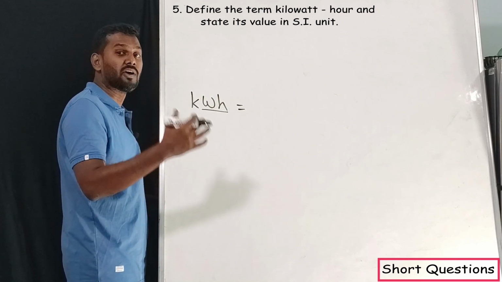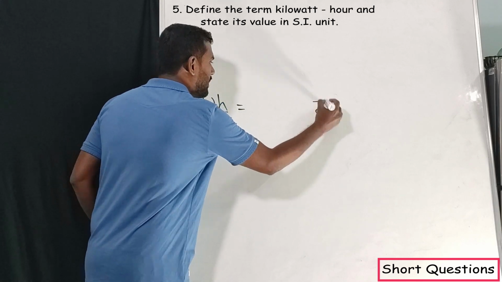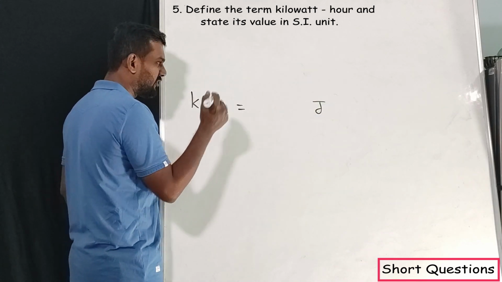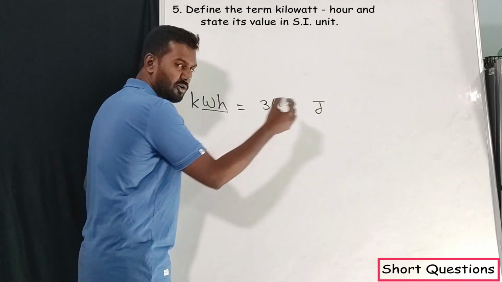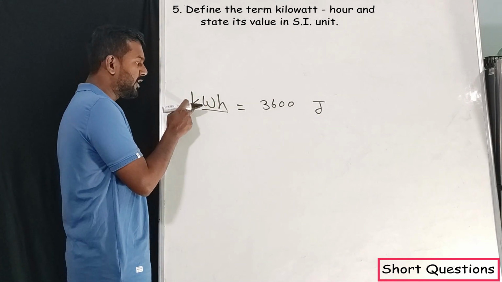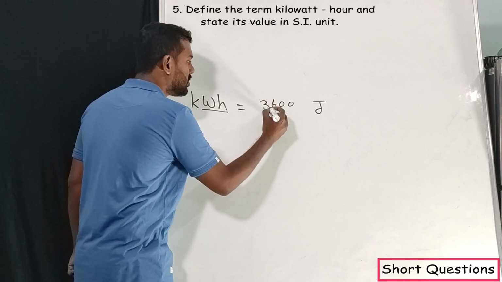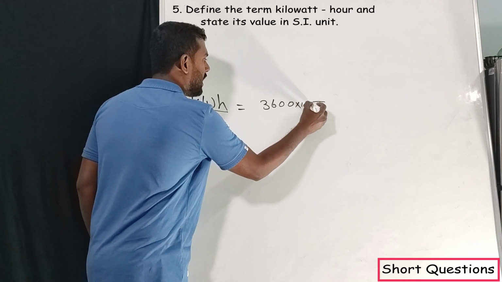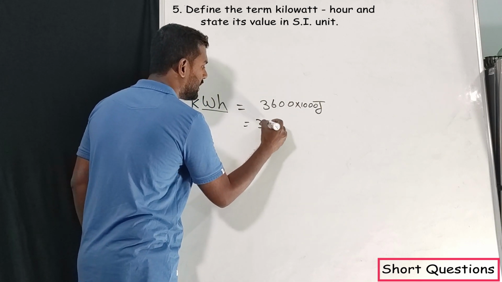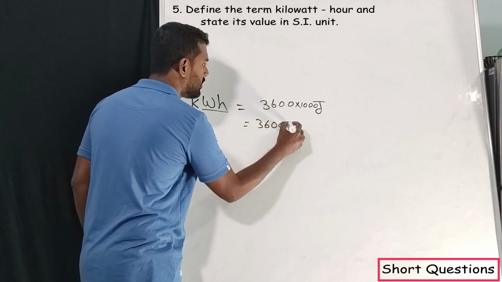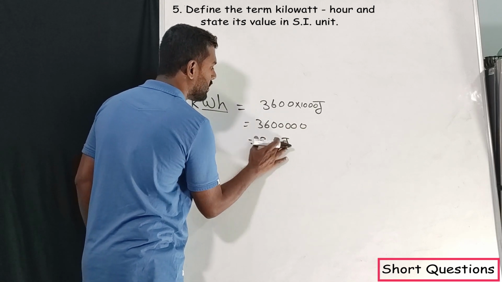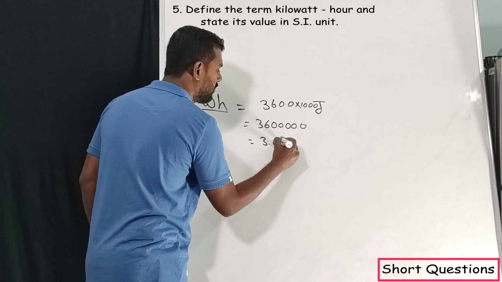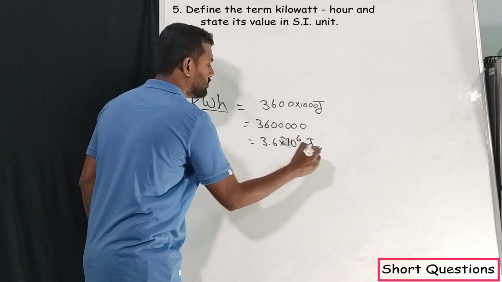No, the SI unit of electrical energy is joule. Watt hour we know is 3600 joules, as we learnt in the previous question. K means kilo, so multiply this by 1000, that is 3,600,000, which is 3.6 into 10 power 6 joules.